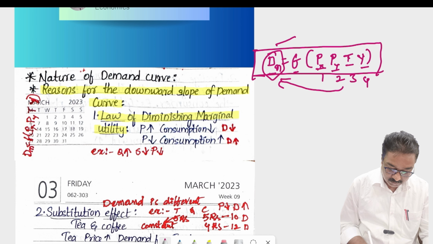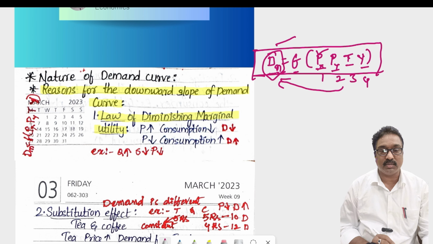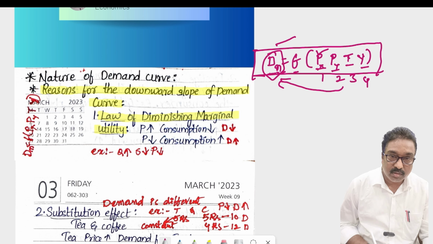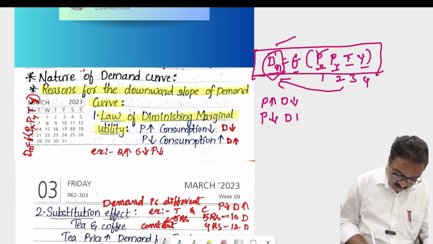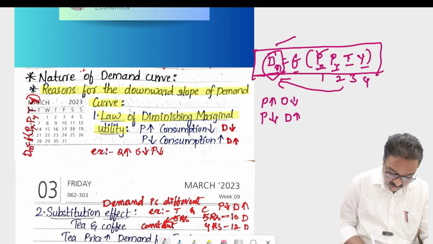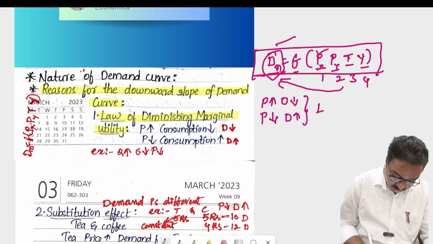First of all, the demand for goods depends upon the price of the x commodity. According to the law of demand, when the price increases, the demand for goods will decrease. When the price decreases, the demand for goods will increase. This is called the law of demand.